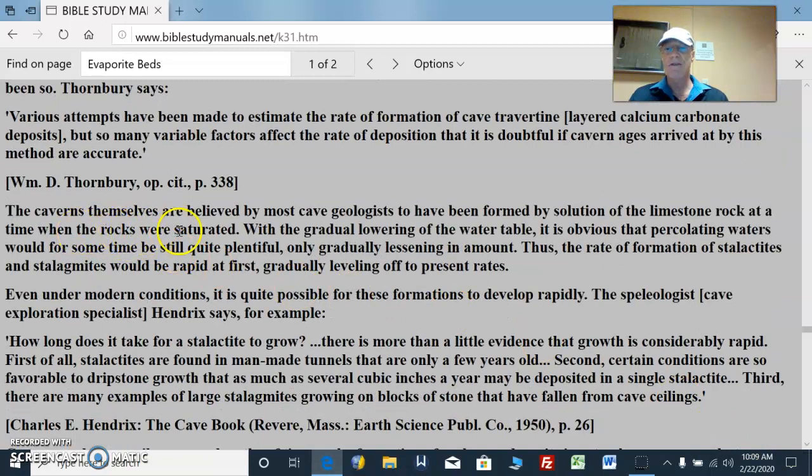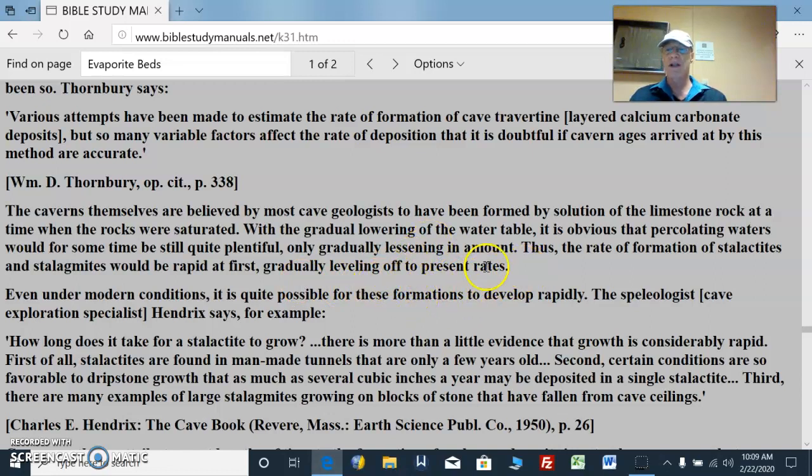The caverns themselves are believed by most cave geologists to have been formed by solution of the limestone rock at a time when the rocks were saturated. With the gradual lowering of the water table, it is obvious that the percolating waters would for some time still be quite plentiful, only gradually lessening in amount. Thus, the rate of formation of stalactites and stalagmites would be rapid at first, gradually leveling off to present rates.